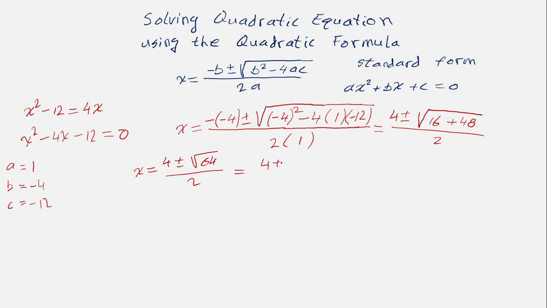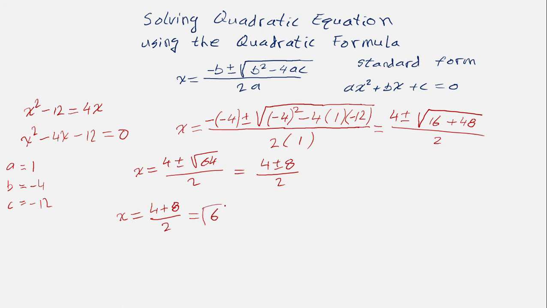So we have 4 plus minus 8, and then divide by 2. Now, to get our two answers, we just need to simplify this. To split the answers, we use plus once, and we use minus the other time. So let's use plus first. So x equals 4 plus 8 divided by 2, which gives us 6.